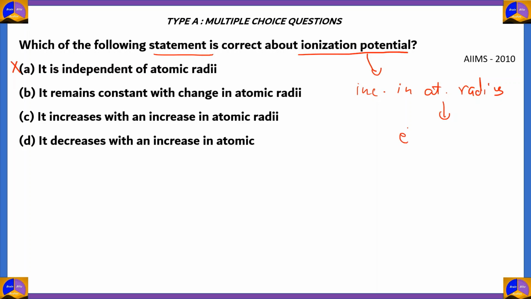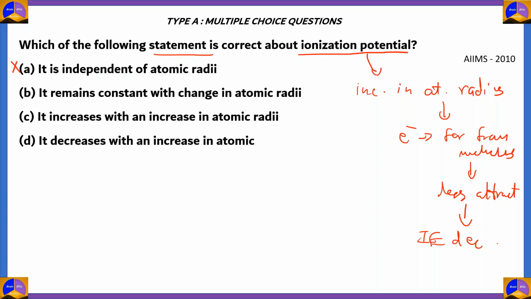The one thing that we know about ionization energy is that an increase in atomic radius would mean that the electron is far from the nucleus. That means there is less attraction from the nucleus due to the shielding effect. So that means the ionization energy decreases with increase in atomic radii.